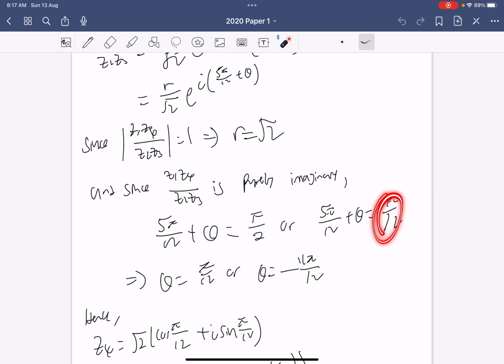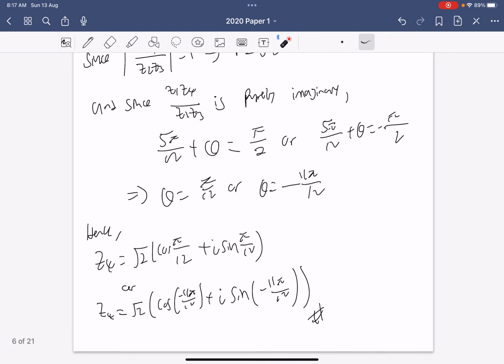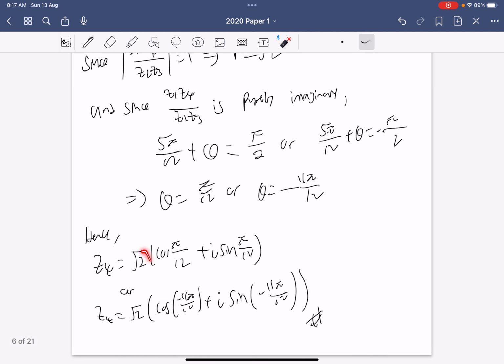And if it's minus π/2, then θ is minus 11π/12. So I hope that's clear. Hence, Z4 will either be √2 (cos π/12 + i sin π/12), or it will be √2 (cos(-11π/12) + i sin(-11π/12)).